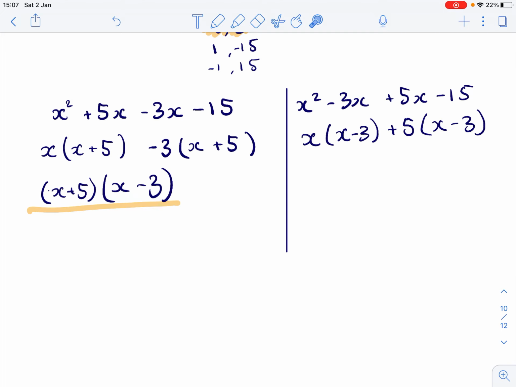The key thing is that the brackets will have to be the same, because in your final step, you need to be able to take x minus 3 out as a common factor. And again, we've got x minus 3 times x, and we've got x minus 3 times plus 5.